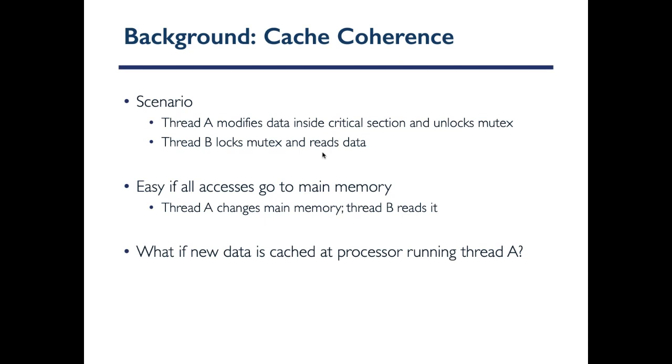But what happens if thread A is running on a processor that has cached the data in the critical section? Would anything change in this scenario if my processor has a cache?